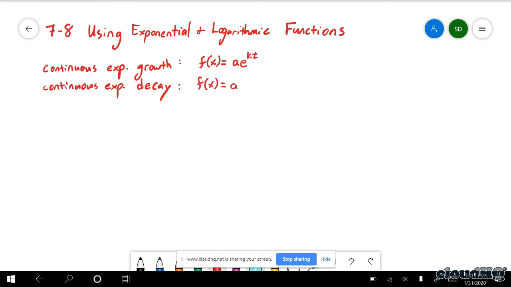So f of x is equal to a times e to the negative k times t. So t is time, years, a is your initial value like it's been in previous sections. The k here is a constant that represents our rate, like the rate of either growth or decay, depending on the case.